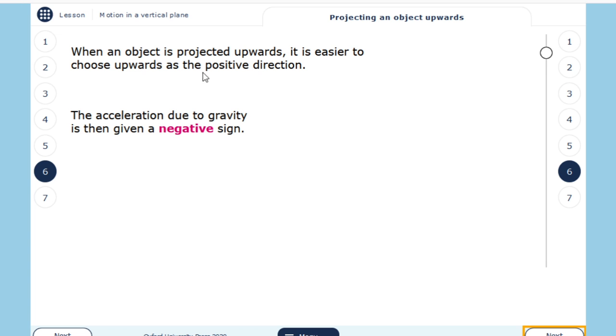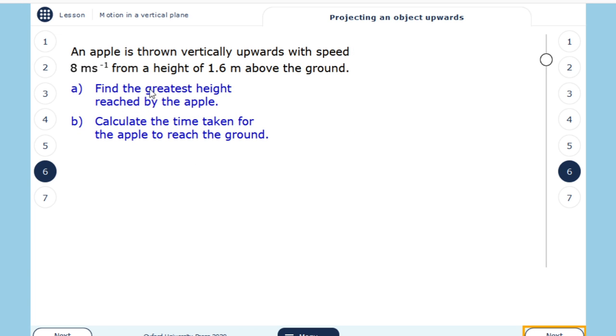Here in this case, I project the stone upwards. Now, the acceleration due to gravity is then given a negative sign, because don't forget, the acceleration is always downwards, because gravity pulls the object downwards. So since I have a positive direction upwards, the gravitational acceleration should be negative.